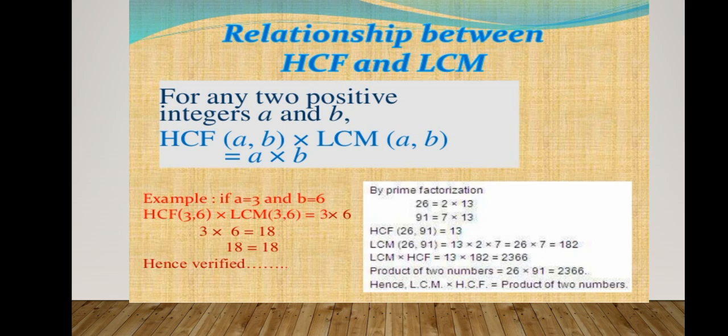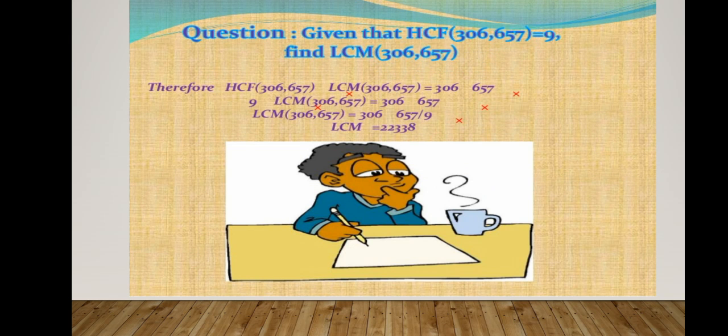Then multiplying LCM and HCF, we get 2366. This is exactly equal to the product of the numbers, 26 multiplied by 91. Hence, we can say LCM into HCF is equal to the product of two numbers.